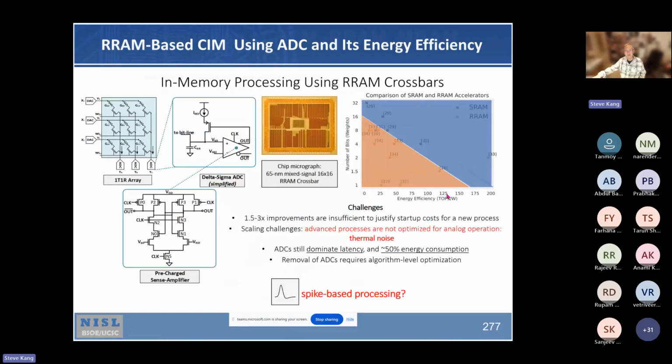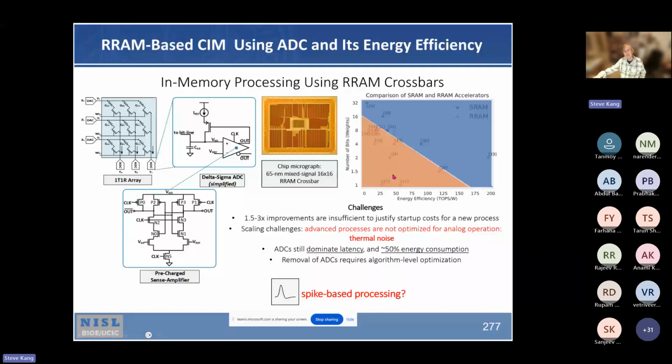So this is that scenario again, and this is the array. In this case D2A and A2D are involved here, but one way to overcome this can be either shared or you can have a pre-charged sense amplifier circuit.